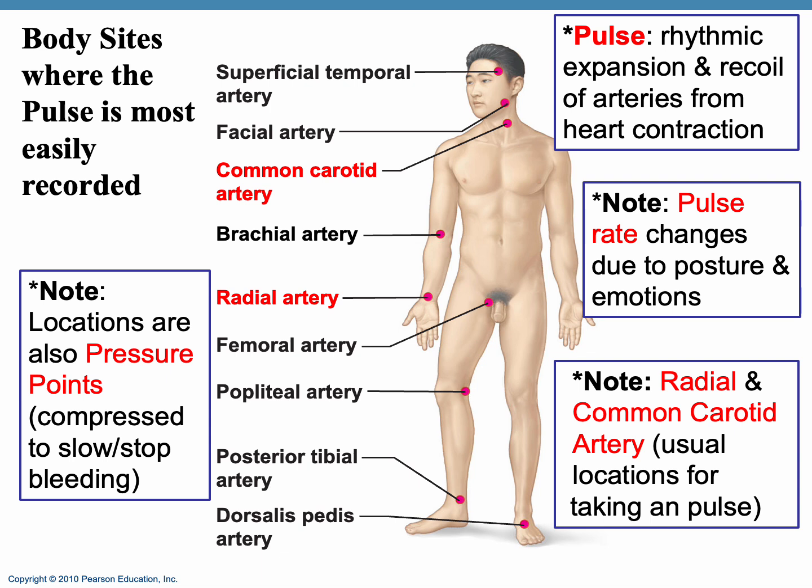Another important thing to be aware of is, well, where can you take a pulse in someone? That's very critical. So ultimately, when you take a pulse, we're looking at overall rhythmic expansion and recoil of the arteries from heart contraction. And the pulse itself, the rate can change based off of differences in emotions and even the posture that the patient might be in.